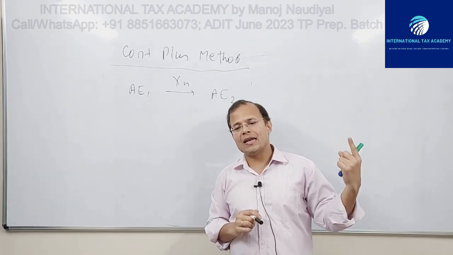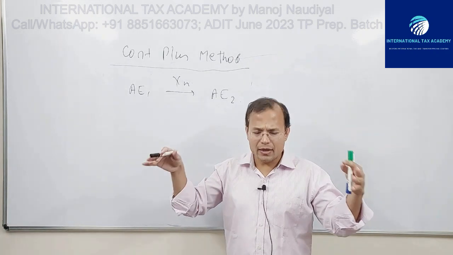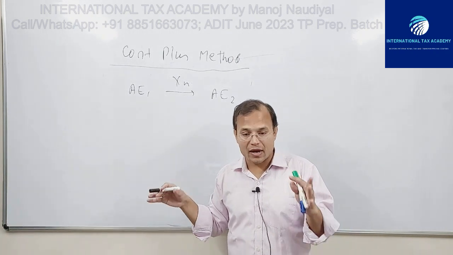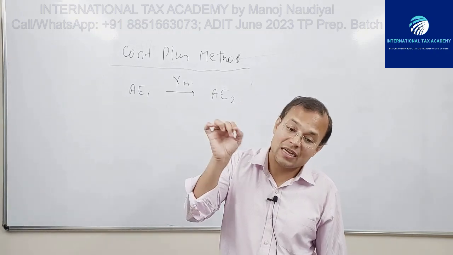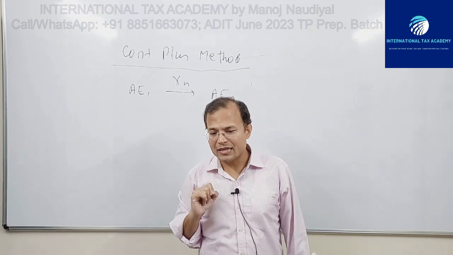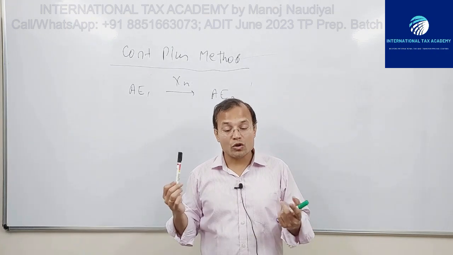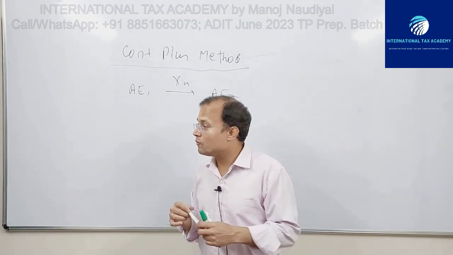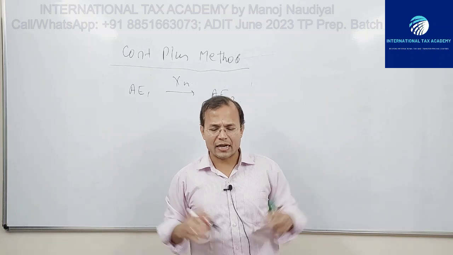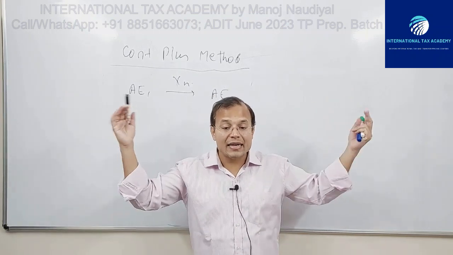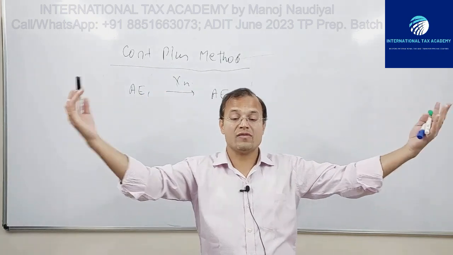Indirect costs, on the other hand, are those cost components which are inbuilt into the product, that is fine, but they are not directly or specifically associated with that product. For example, supposing there is a factory which is manufacturing these markers, which is also manufacturing drawing boards, which is also manufacturing notebooks, all the stationery items, and then you have heating, ventilation and air conditioning equipment installed all across the factory.